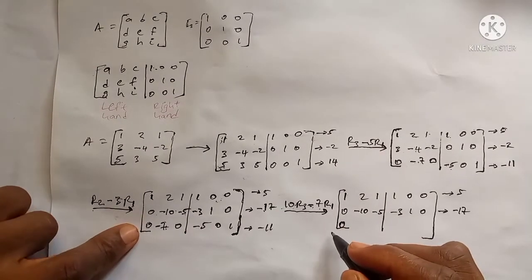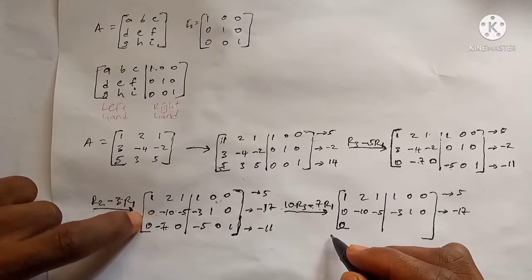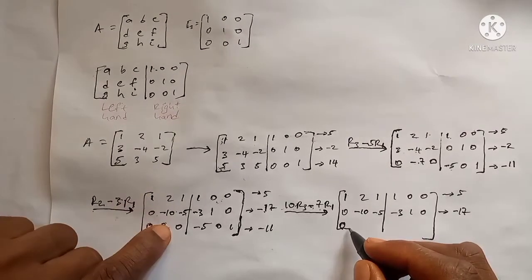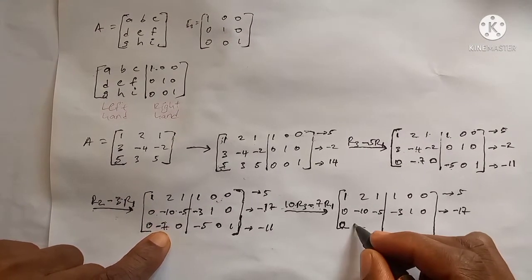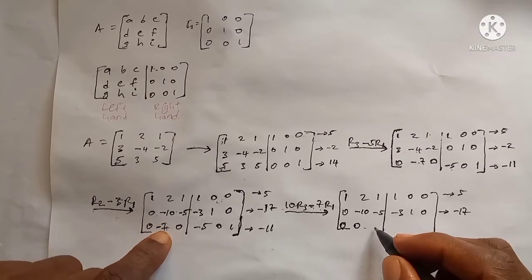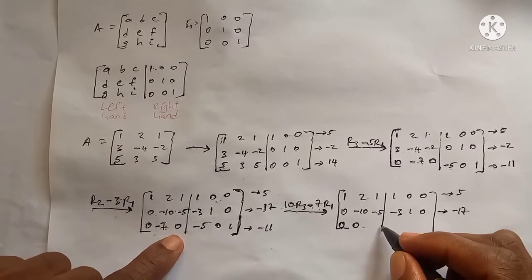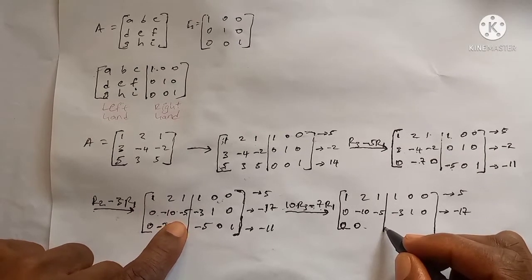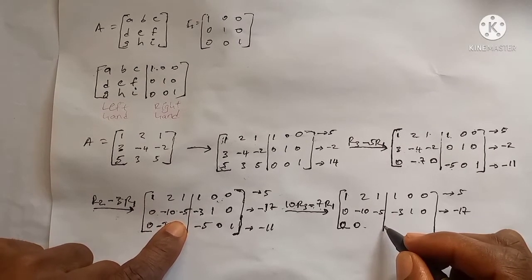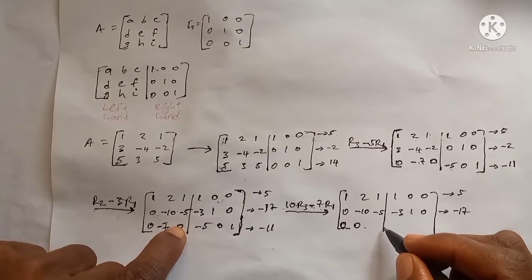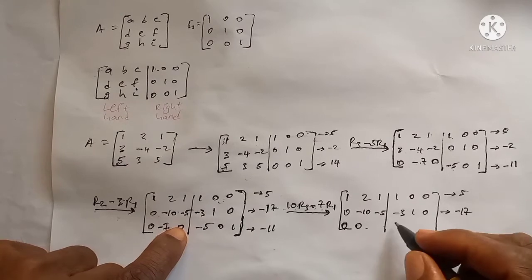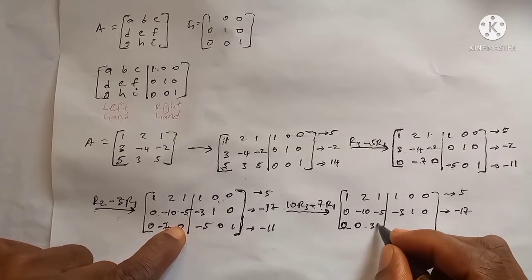Now 10 row 3, this is 10 times 0 minus 7 times 0 will give us this 0 now. Now automatically this one will give us 0. And then 10 times 0 minus 7 times minus 5 is the same thing as 0 plus 5 times 7, which is 0 plus 35, which will give us 35.